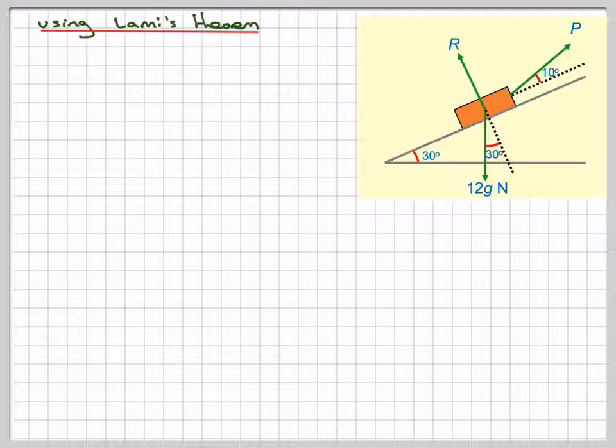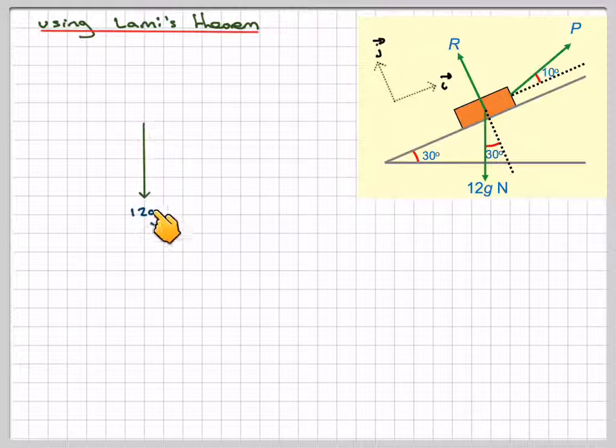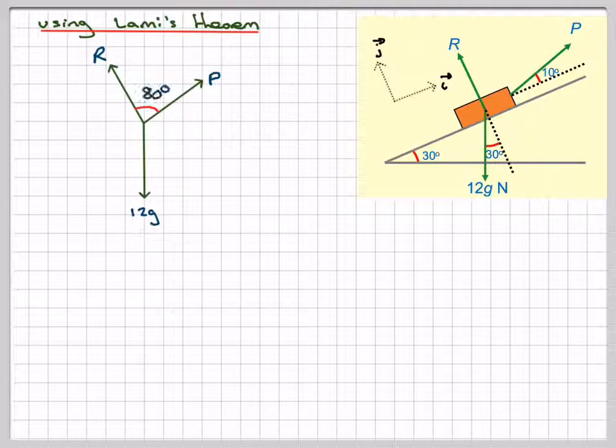And the final method is to use Lami's theorem. So this time we take a point, and let's take this point here. So this goes directly downwards. Here goes R, and there goes P. This angle here is going to be 80. Why?